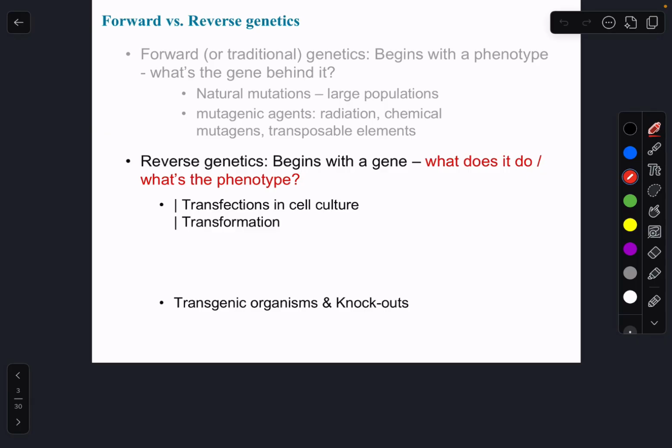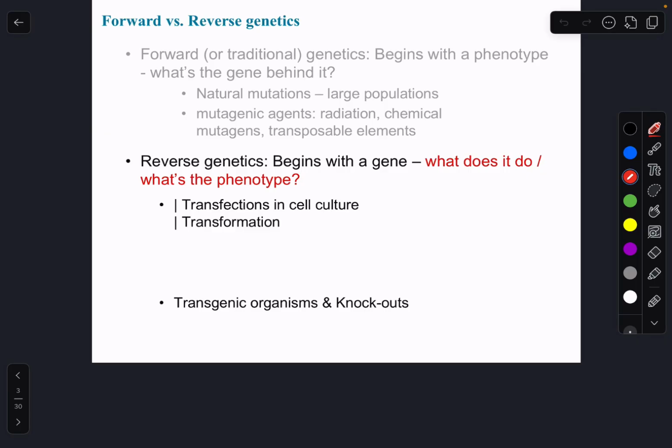So we do normally that through transfections in cell culture, that is introducing different versions or mutants or genetic constructs related to a given gene of interest. We call them transfections if we're dealing with eukaryotic cells. We call them transformations if we're dealing with bacteria, with prokaryotes.